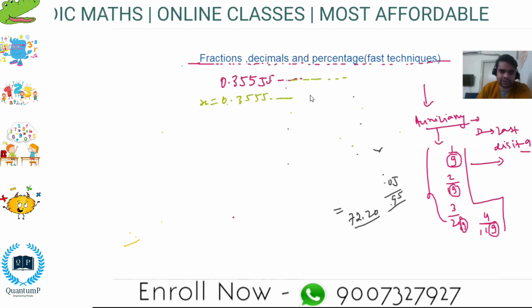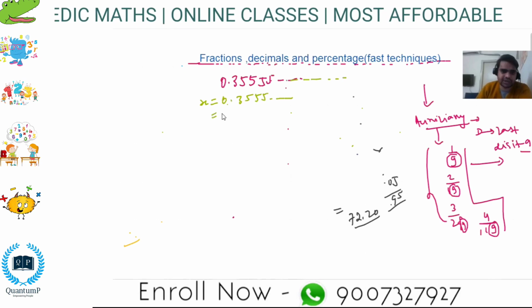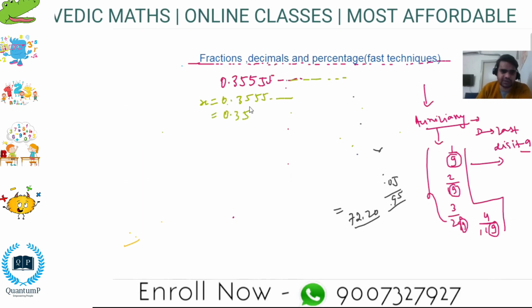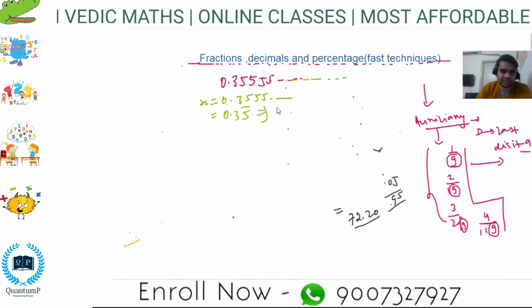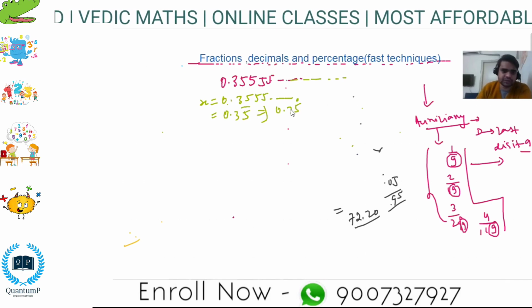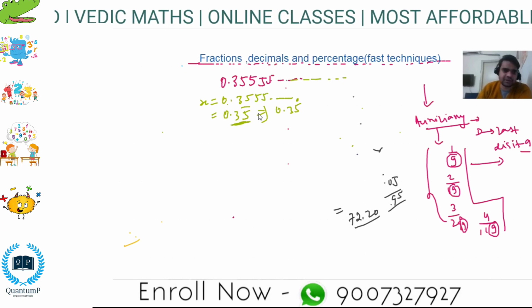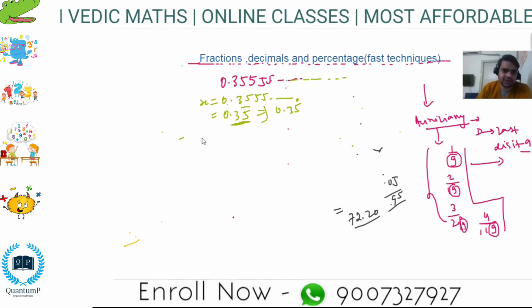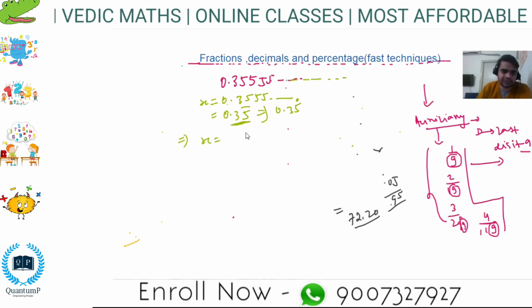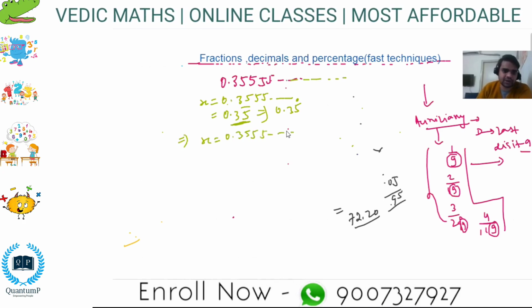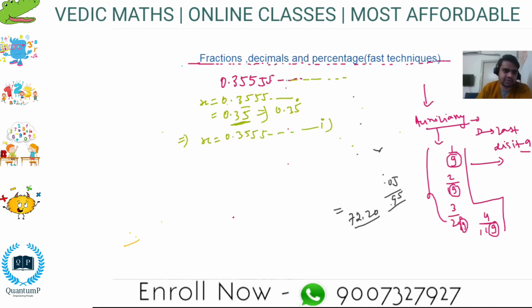Okay, I have to convert this number. Basically this can be written as 0.35 recurring, or it can even be written as 0.35 with a dot here. Now this particular value I have to convert into a fraction. So I'll consider x as 0.3555 dot dot dot. I'll mark this as equation number 1.